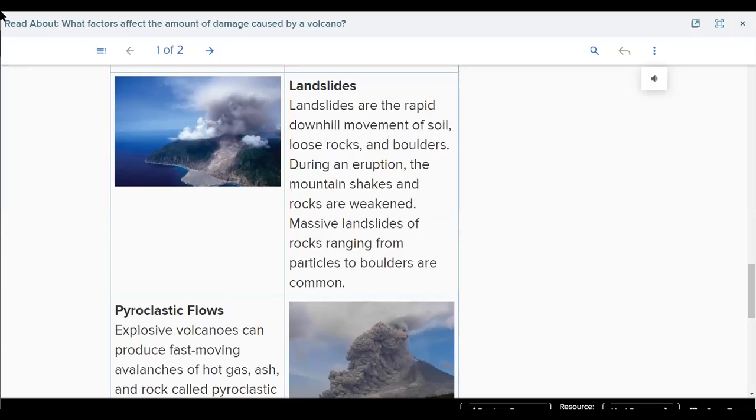So it's called landslide. What is meant by landslide? Landslides are the rapid downhill movement of the soil, loose rocks and boulders during an eruption.